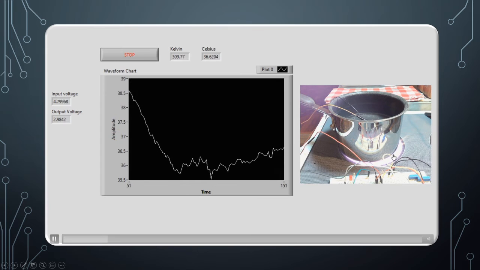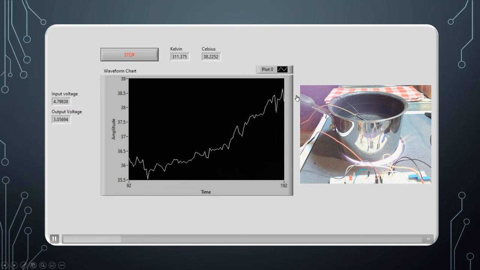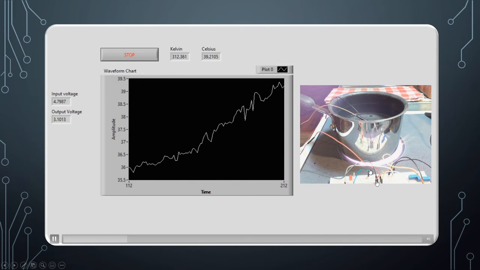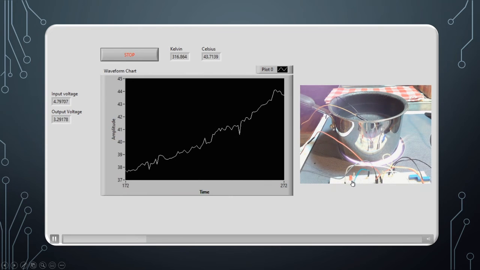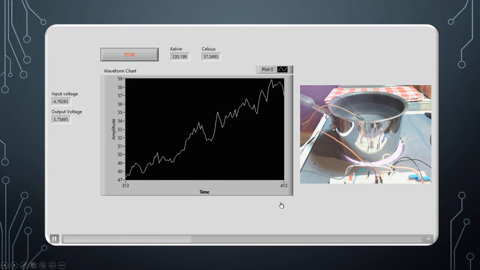So I do have an electric stove, which may have given me some weird results here. As we'll see, it's climbing now. I tried to keep the circuit in frame as best I could, but it was kind of hard. I wanted to make sure you could see the water when it was boiling. And this video is sped up 10 times, so it's about 10 times faster than actual time.